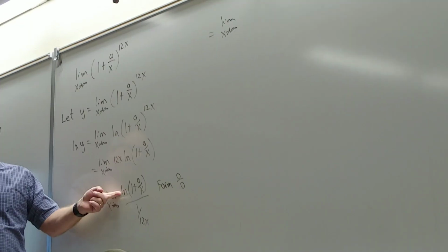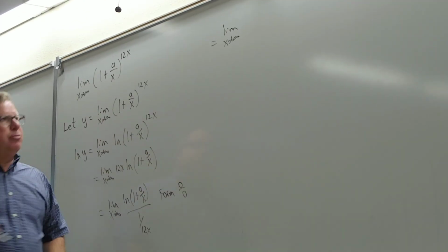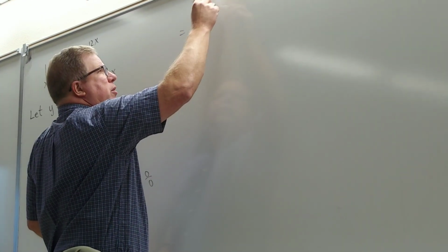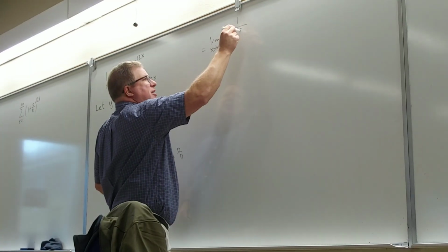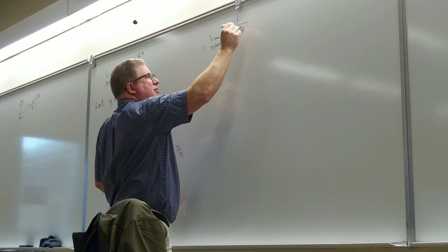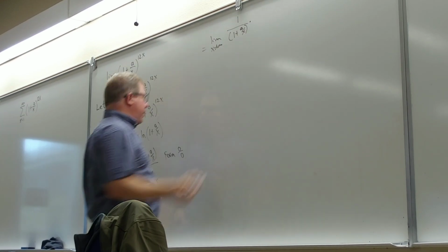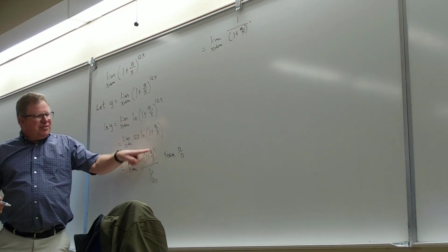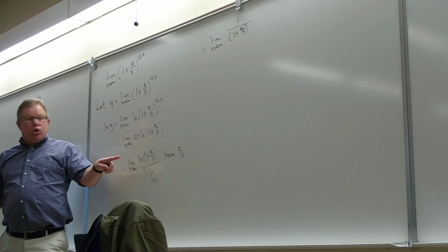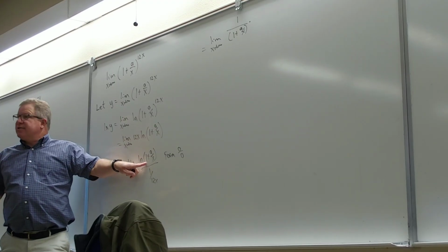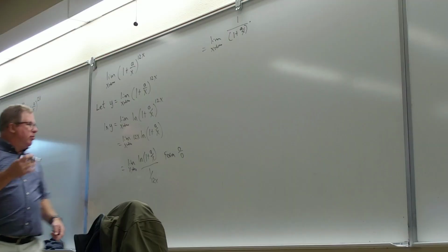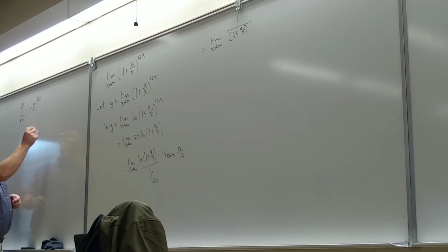The derivative of natural log is 1 over the argument, so that's going to be 1 over 1 plus a over x. And we have to apply the chain rule, so it's times the derivative of the inside. The derivative of 1 is 0. Scratch paper work over here.